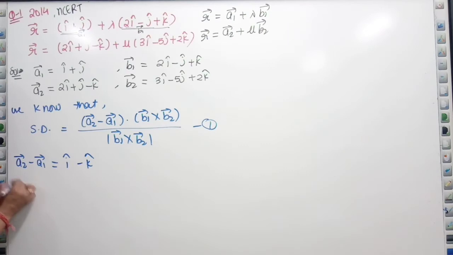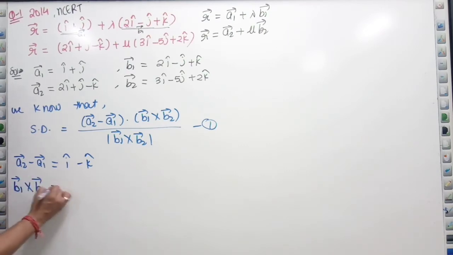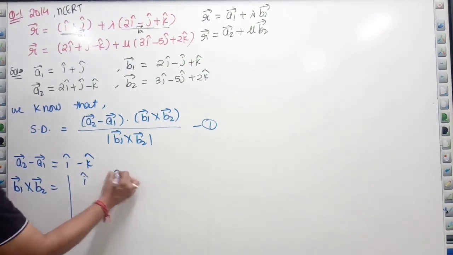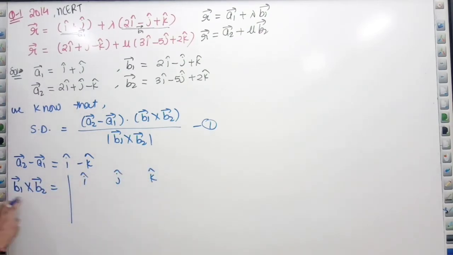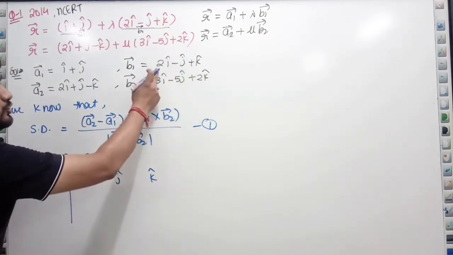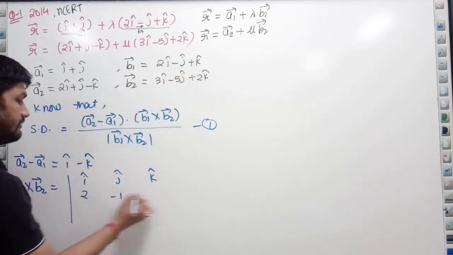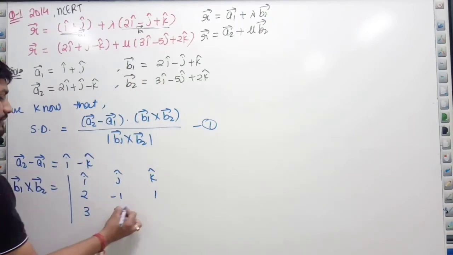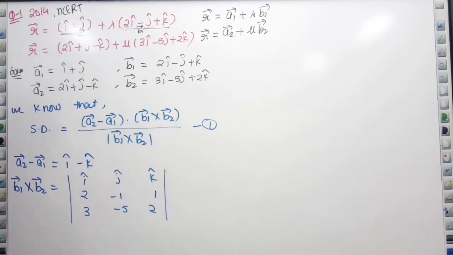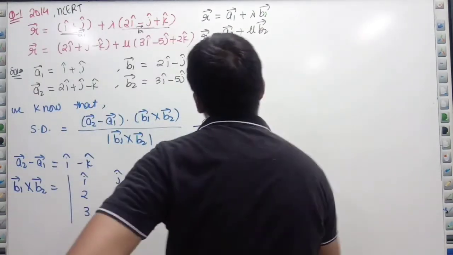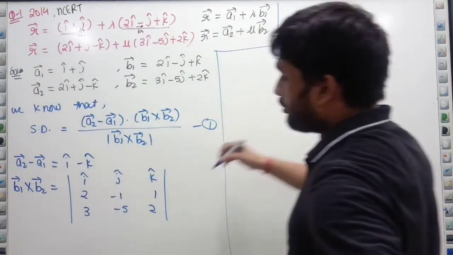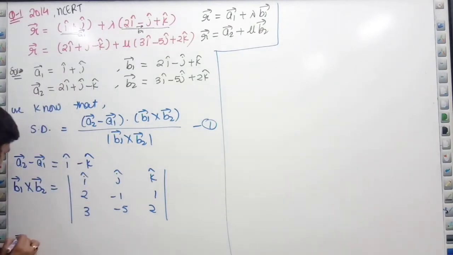Now I will find b1 cross b2. How to find cross product? First row will be i j k. Second row for b1, third row for b2. The coefficients of b1 are 2, minus 1, 1 and of b2 are 3, minus 5, 2. Right? For the first row, the first element is i.